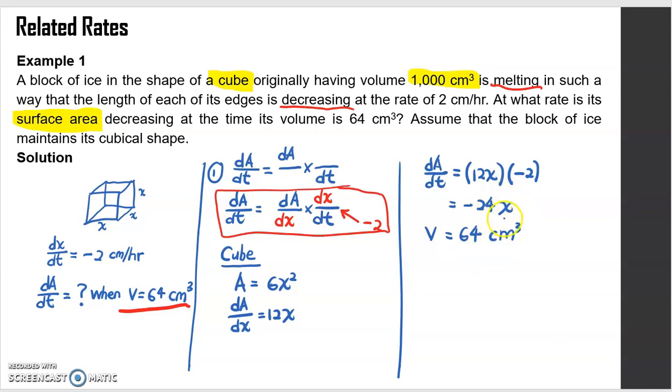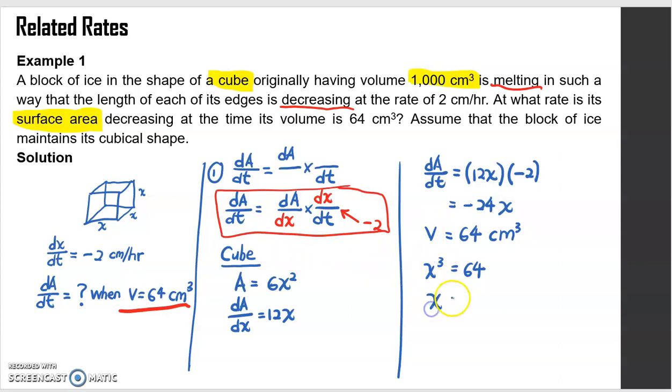Now we substitute the value of x. What is the value of x? The volume for the cube is x cubed, which is x to the power of 3, equal to 64.